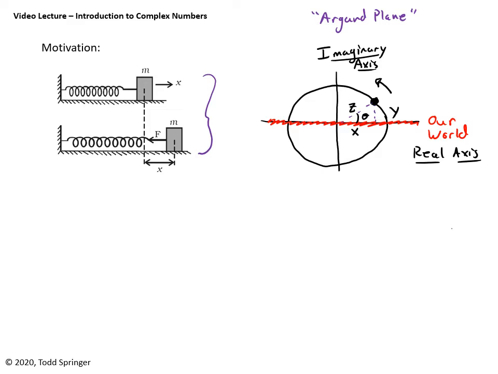Okay, so if I want to specify where this mass is, the coordinates of the mass, I give it some position x and some position y in this strange space. X is how far I go along the real axis, and y is how far I go along the imaginary axis.